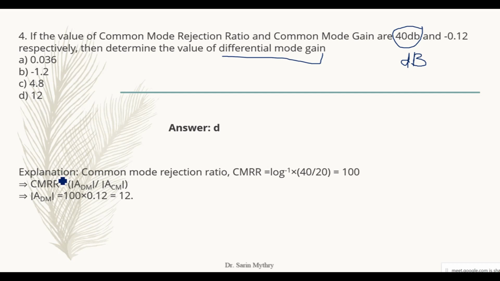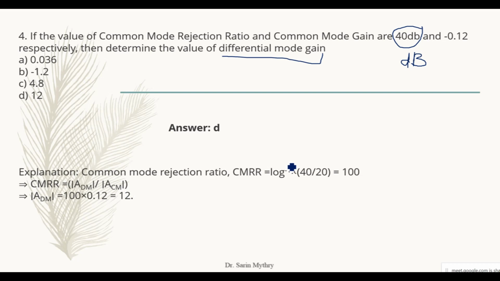Now see the explanation. First we will see the explanation, then we'll go to the option. What is the CMRR ratio? The formula of your CMRR is mod of ADM upon ACM. We have seen it in the previous lecture. That value we are supposed to calculate first.